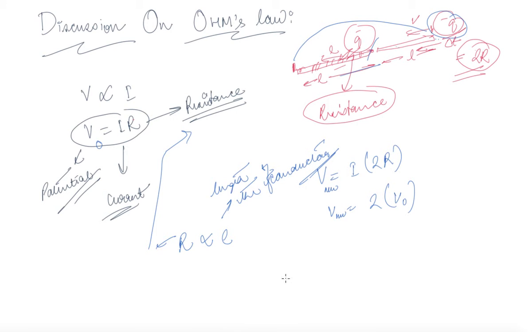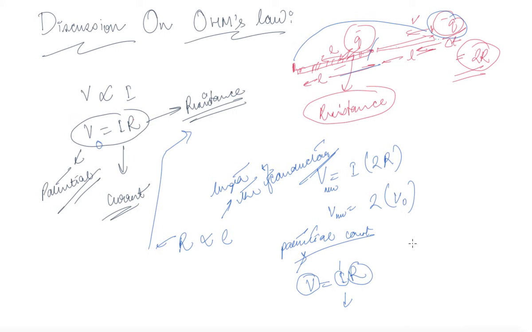So now if you look, suppose in an initial position, this is V, this is I, this is R. Now if you are increasing the resistance, and if you are keeping the potential constant, let's assume this case, potential constant, then for the increase in R there will be a decrease in current.